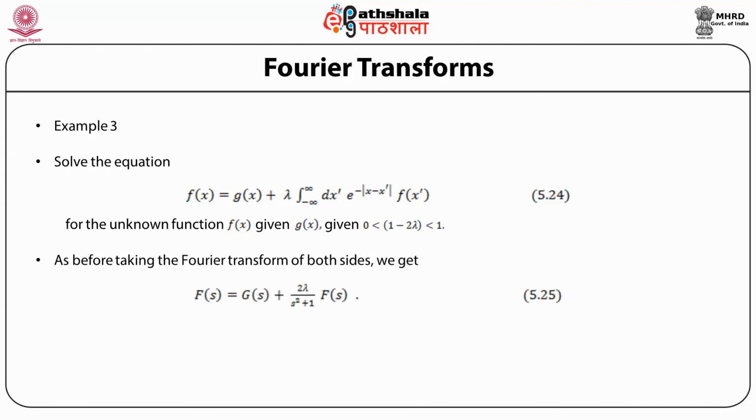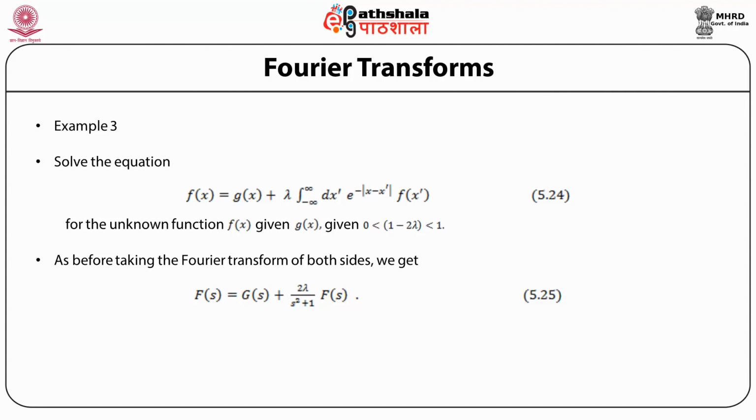As before, taking the Fourier transform of both sides, we get capital F of s, which is the Fourier transform of f of x, is equal to capital G of s, which is the Fourier transform of g of x, plus 2 lambda divided by s square plus 1 times capital F of s. So 2 lambda divided by s square plus 1 capital F of s is the Fourier transform of this integral.